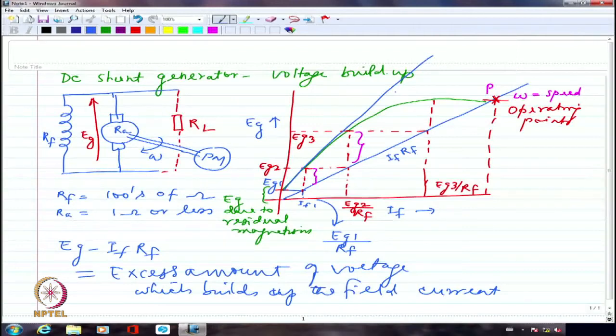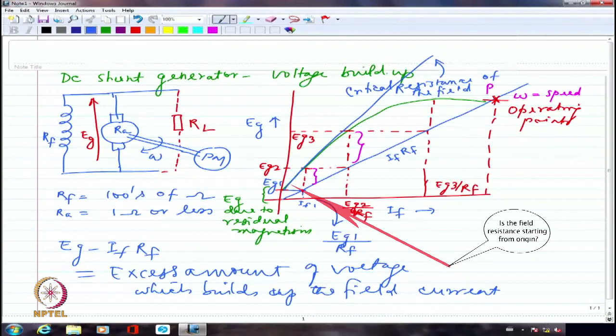If I measure the slope of this line, which is tangential to the curve OCC, it is known as the critical field resistance, or critical resistance of the field circuit. If the resistance is below this, we can have voltage buildup.